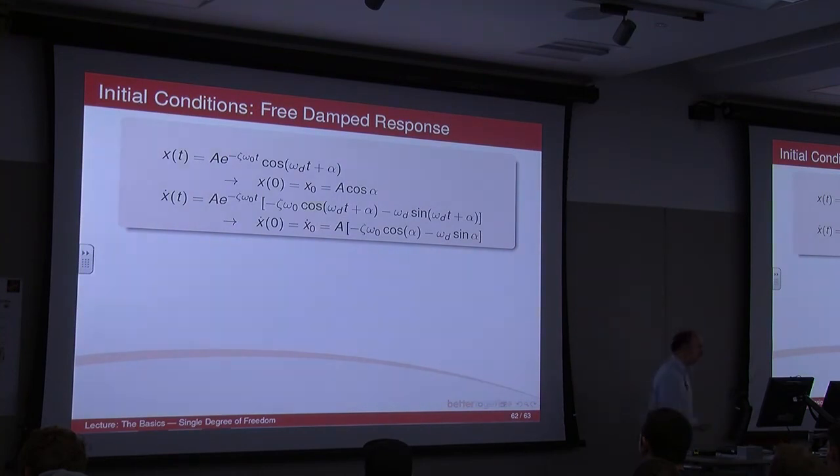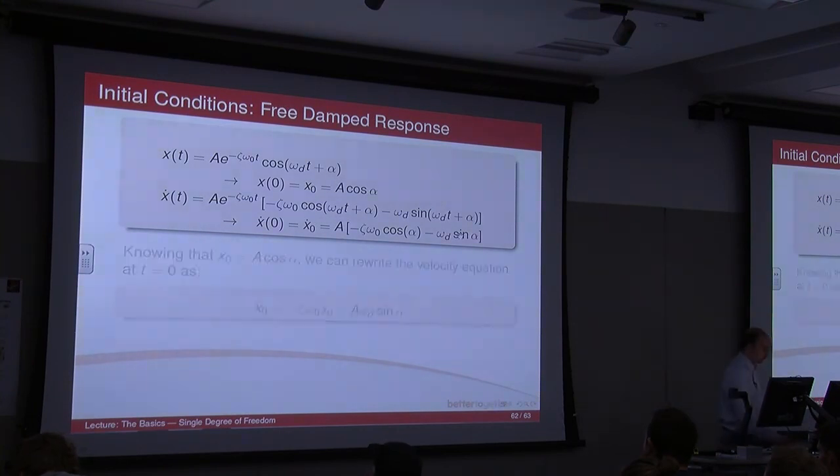So if you plug in 0 for the velocity, you end up getting, obviously this term drops to 1. You retain a, you get minus zeta omega naught times cosine of alpha. Now a cosine of alpha quite clearly is x naught, so you know what those two terms are, and you get minus a omega d sine of alpha.